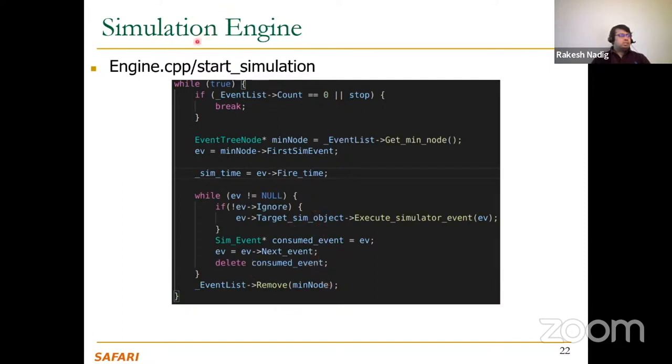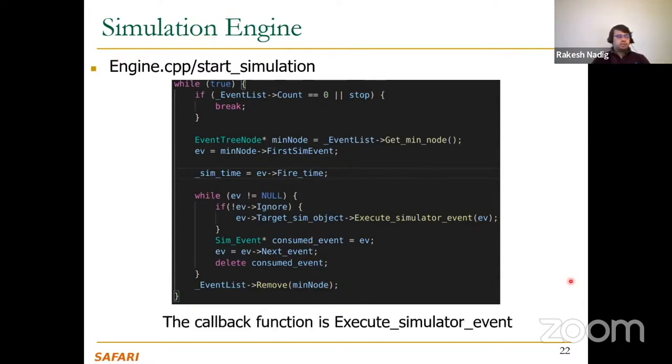So this is the basic idea of the start simulation function, and the callback function is execute simulator event. We need to define the callback function for each of the command or data events that we insert into the tree.